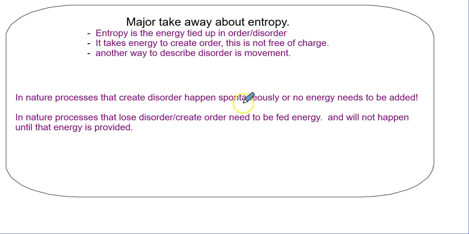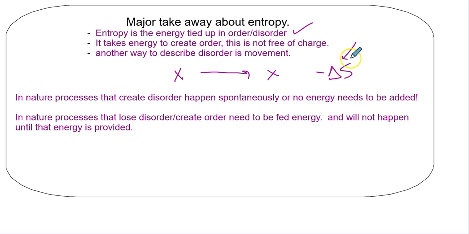Major takeaway: entropy is the energy type in order, disorder. We got that. It takes energy to create order. This is not free. That's an interesting one. So if we're going from substance X to substance X, and let's say this substance is gaining order, so it's got a negative delta S, that means I lost disorder or I gained order.